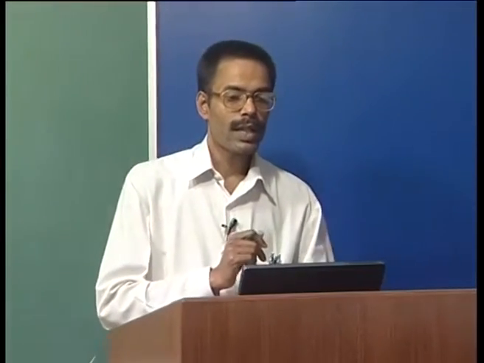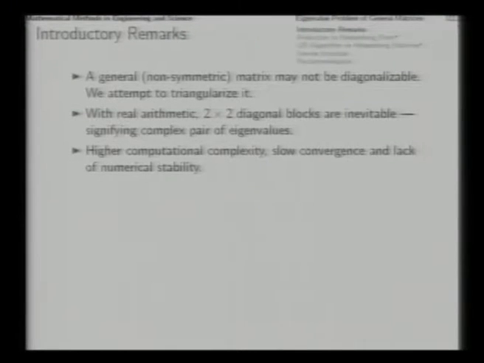Next point is that with real arithmetic we cannot avoid 2 by 2 diagonal blocks. That means, even if the matrix is actually triangularizable, and that also with unitary transformations, if we stick to real arithmetic and do not go to complex arithmetic, then even the triangularization process will not be really complete, because 2 by 2 diagonal blocks will remain, which will signify a complex pair of eigenvalues.